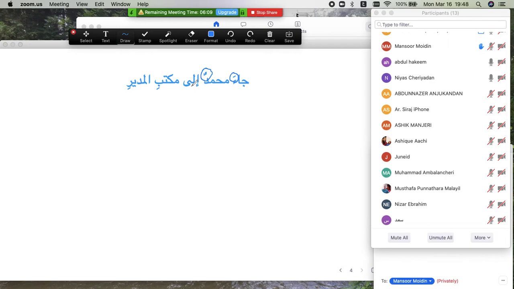Because ila is a harfu jar, maktabi is going to be majroor. However, maktabi does not have alif lam, but it doesn't have tanween either because it is mudaf to al-mudiri. Maktabi mudaf, al-mudiri mudaf ilay. So al-mudiri is majroor and it has alif lam, so it does not take a tanween.